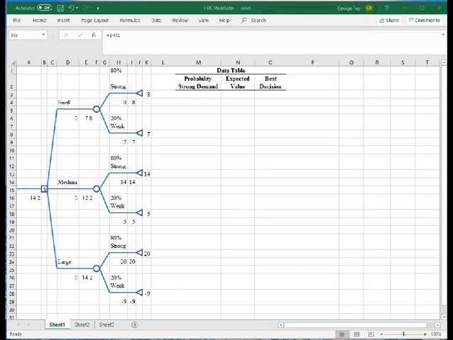Again, we're making these mutually exclusive, so if we have an 80% chance for strong demand, then we'll have a 20% chance for weak demand.